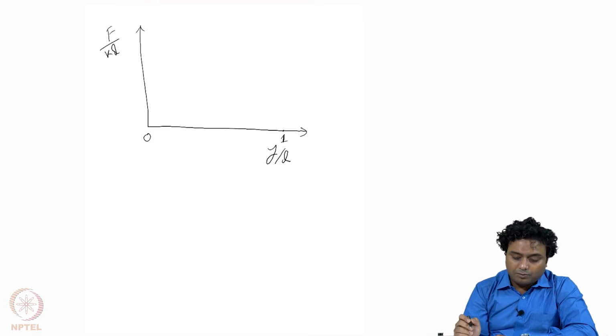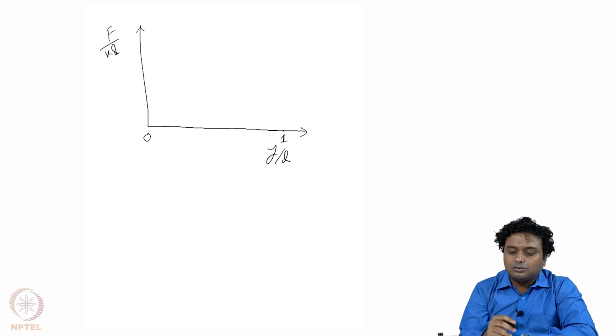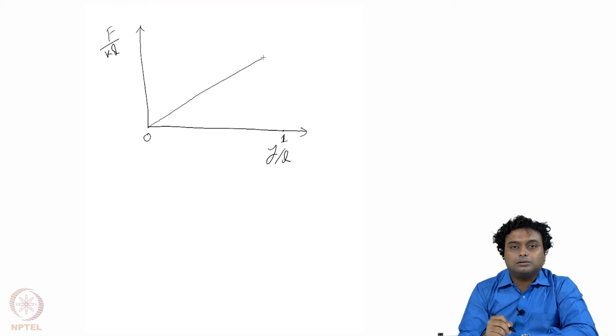Now, you see from our expression that the elastic force is equal to k into y. So the elastic force is directly related to the displacement by a linear relation.